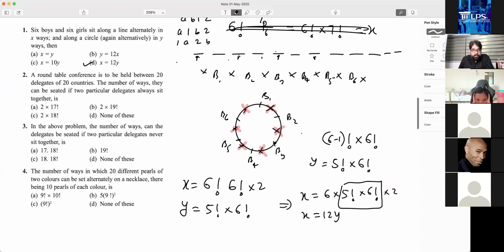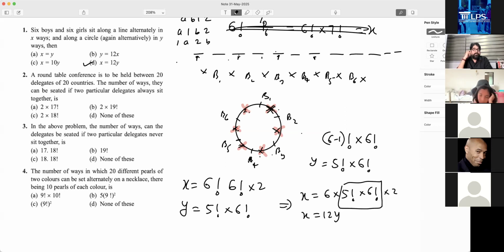So 6 boys I have to arrange in a circle. There is no numbering, so we say 6 minus 1 factorial. But when we are arranging the girls, there is a numbering. So that can be arranged in a total of 6 factorial ways. 6 places are there, and they have to come alternately. So these are the places so that they will come alternately. So that will be 6 factorial.